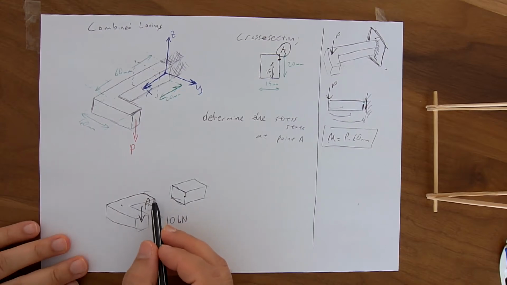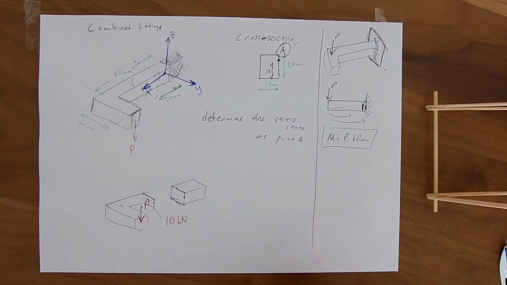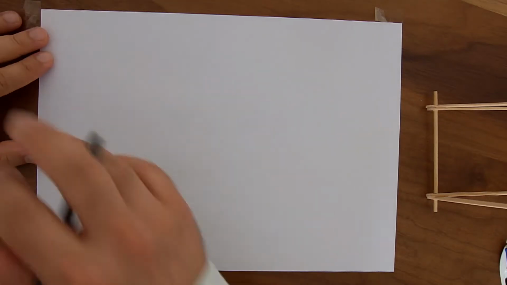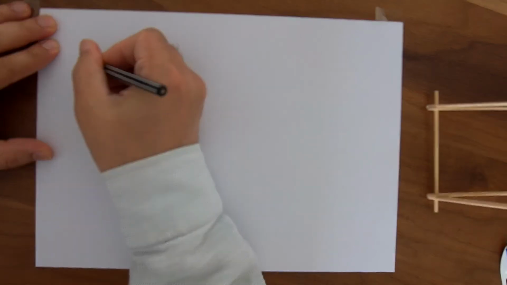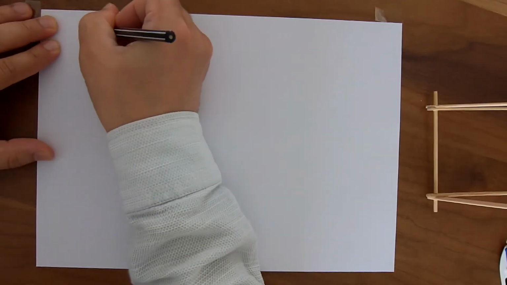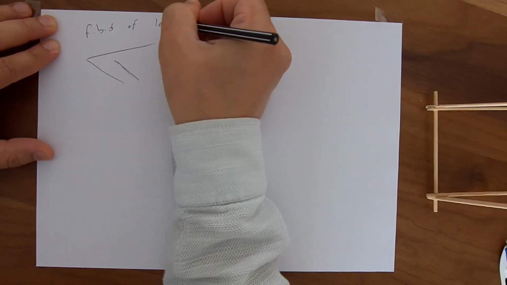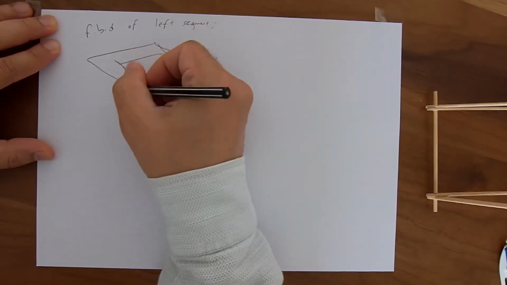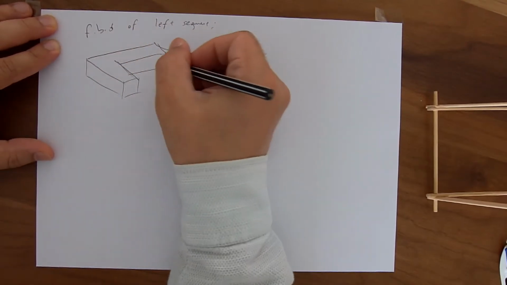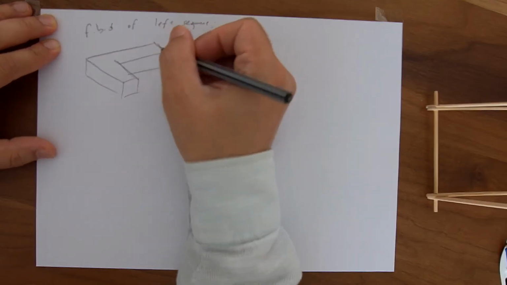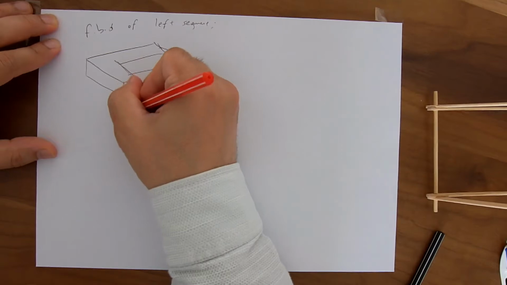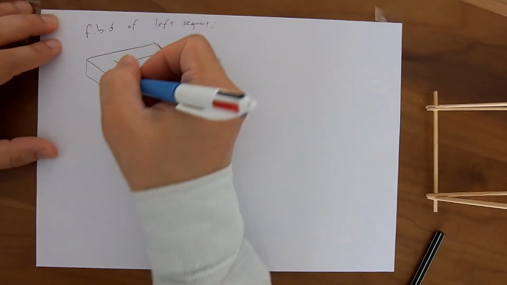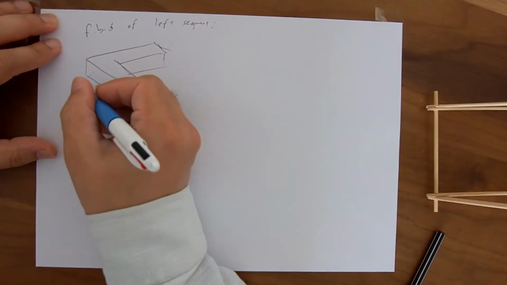In this case, what would be the internal loadings at this section? I draw the free body diagram of the segment on the left. I need to plot the distances as well.